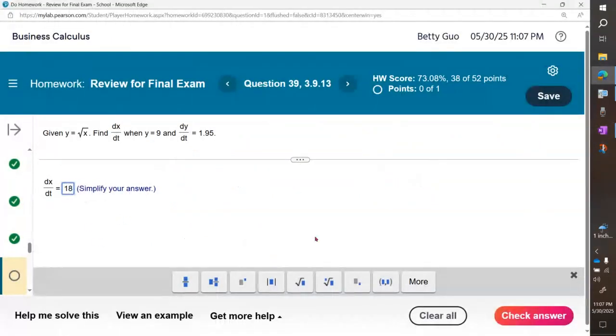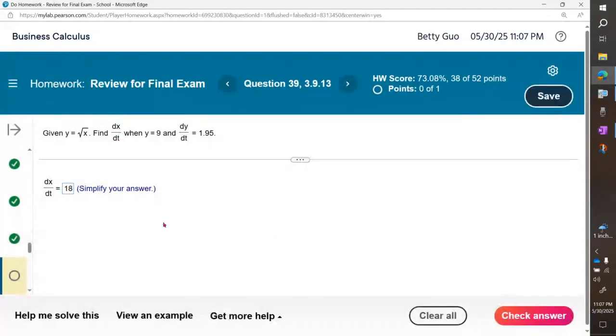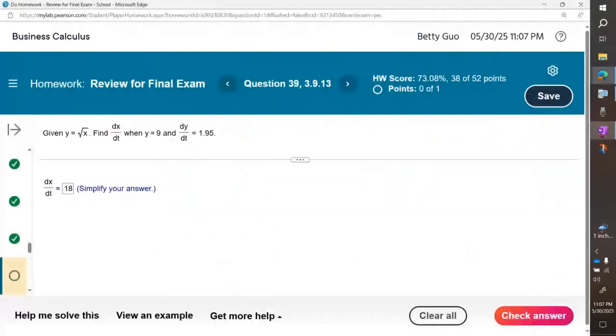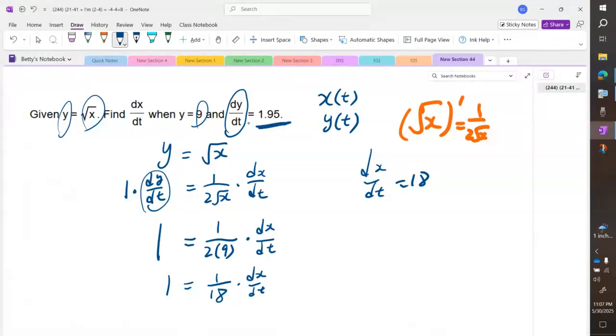Related rate. Let's see. Oh, it's not 1. I read it wrong.